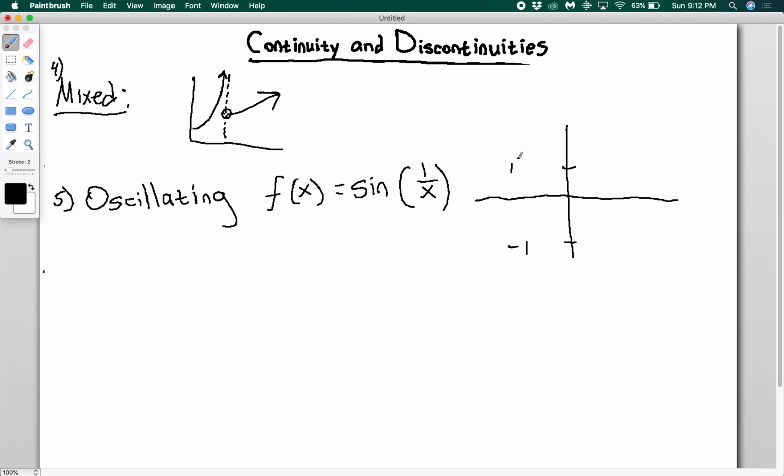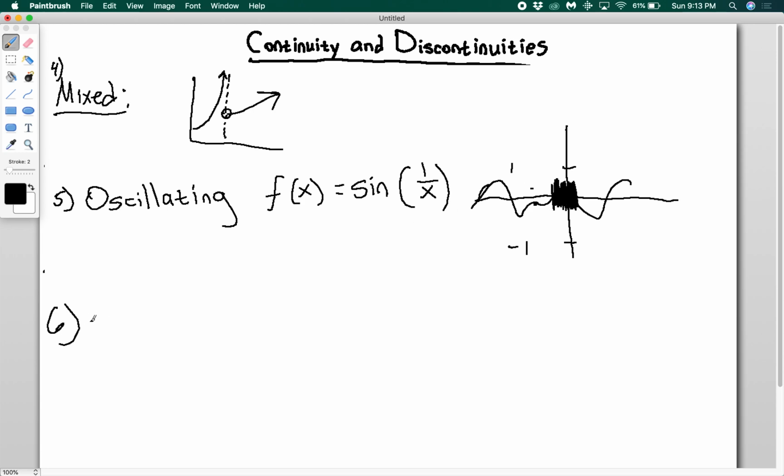Well, sine of 1 over x starts out reasonable, but then as you get really close to 0, we can't use 0 as an input, it's going to be undefined there. It starts oscillating so rapidly that you pretty much fill in every single point between, that you just can't even see it anymore because it's oscillating so rapidly. So this is called an oscillating discontinuity.